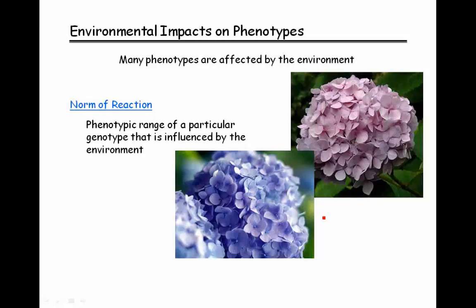A norm of reaction is a phenotypic range of a particular genotype that is influenced by the environment. So if we go back to our skin color example, everyone has a certain window of skin color for them. If they stay inside all of the time, they will only be so light.